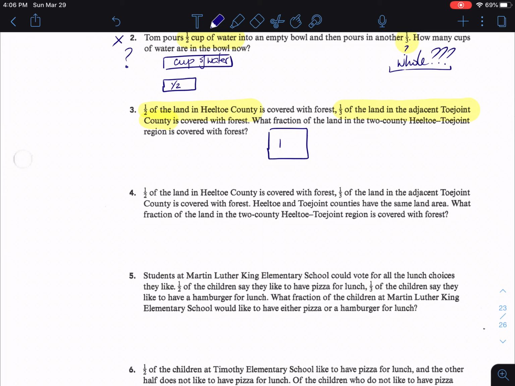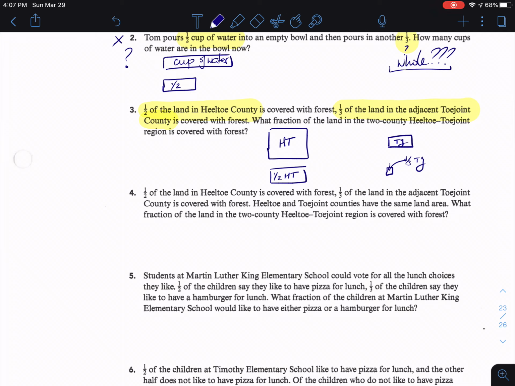So this is going to be the Heel-Toe County, and let's say the Toe-Joint County. Half of the land of the Heel-Toe County, and a third of the land of the Toe-Joint County, are covered with forest.